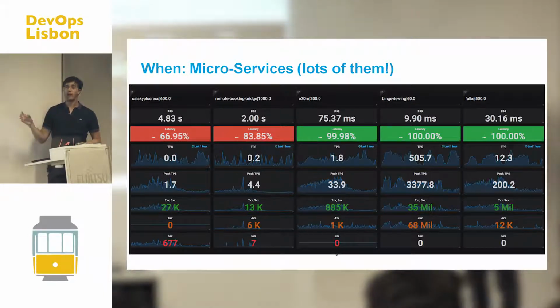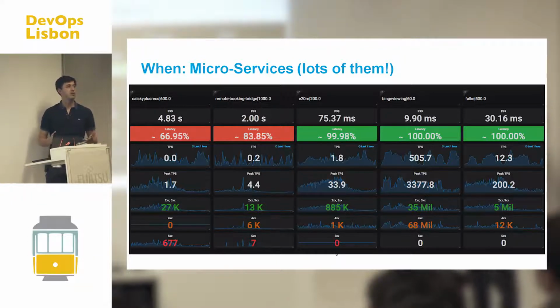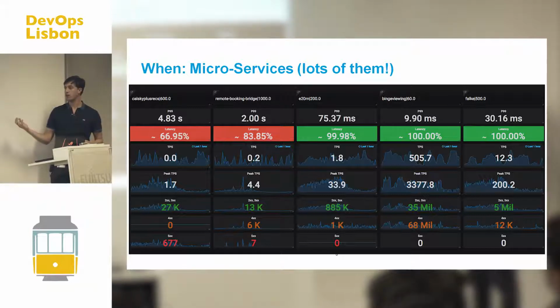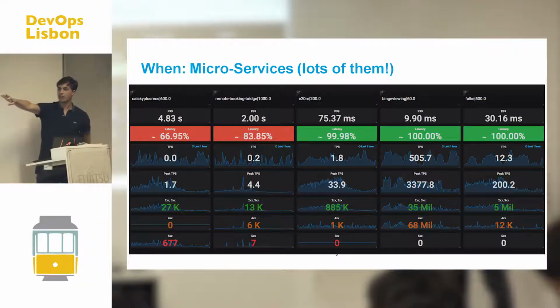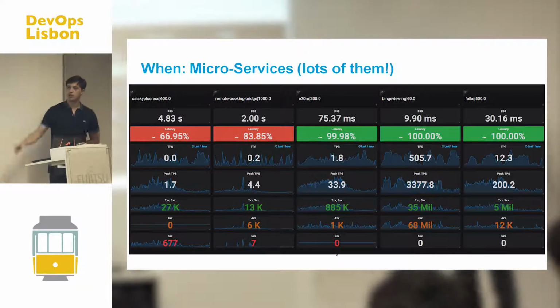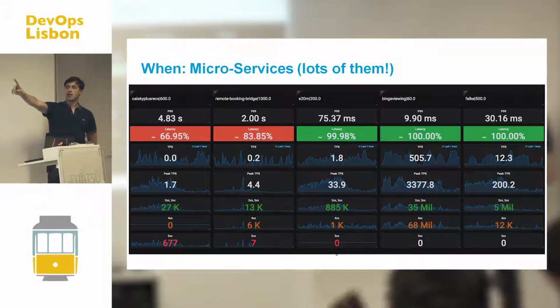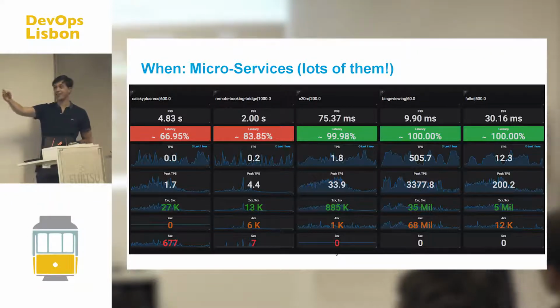What I wanted to highlight here in this dashboard is how having the different measures can help you do this, right? So first of all, we have completely different microservices. Starting on the rightmost end, we have the calsky plus rex. That's a very badly performing service nowadays, which, well, it's still an indicator.